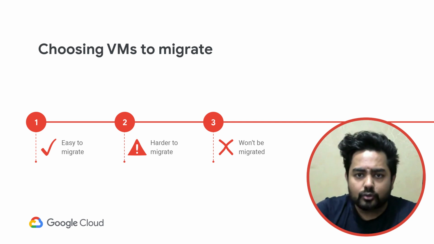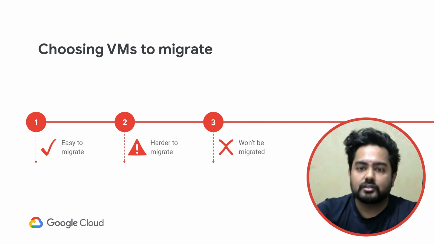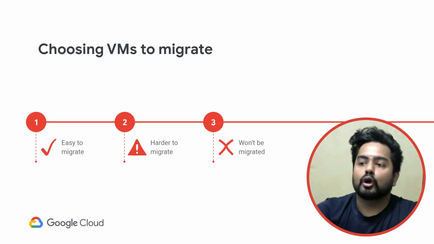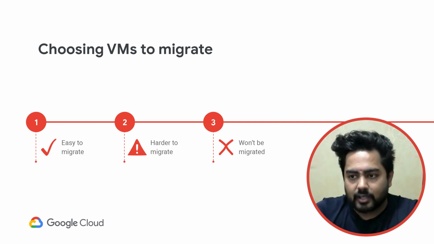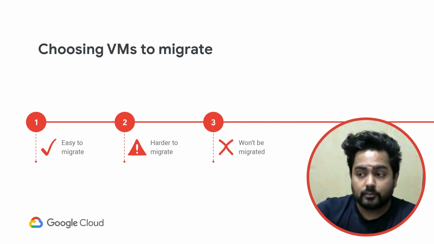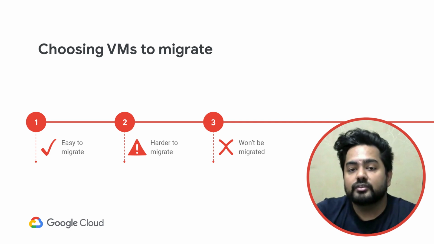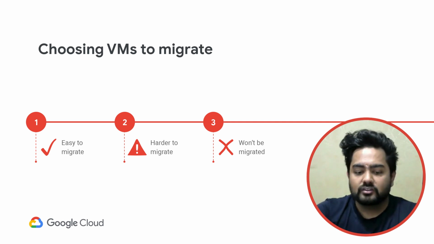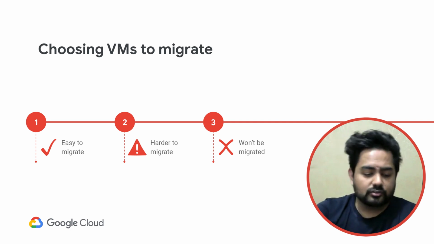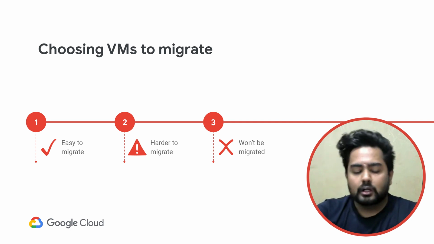When you talk about migration, there are three categories you must remember. The first one is easy to migrate. These are the easiest ones, the apps which have the lowest dependencies. Think about a website: you just copy the data and move it to the cloud.